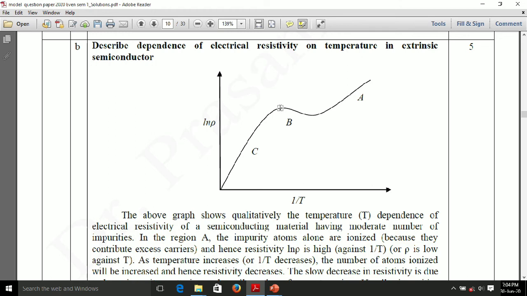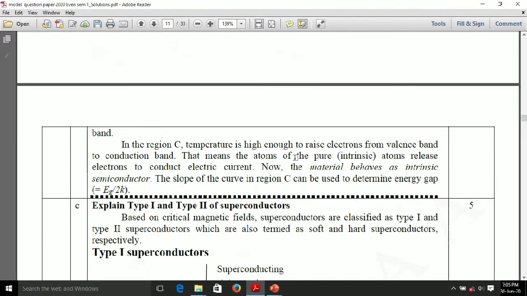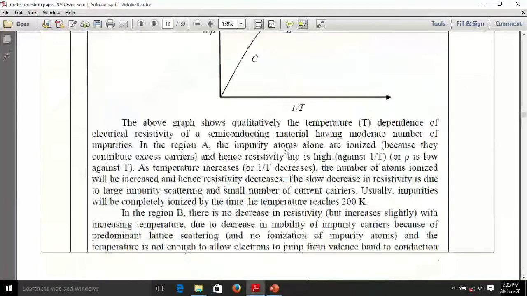Once the intrinsic atoms start releasing electrons, resistivity decreases again. This is very similar to the intrinsic behavior of the semiconductor. In intrinsic semiconductor, resistivity decreases with increasing temperature, but in extrinsic semiconductor, within a temperature range, for example from 10 Kelvin to 500 Kelvin, you can observe this kind of curve. So the description of this graphical diagram is required for 5 marks.